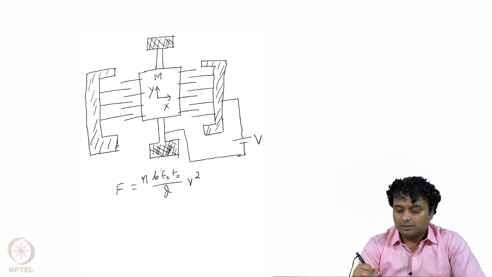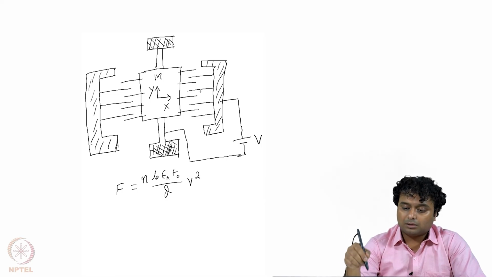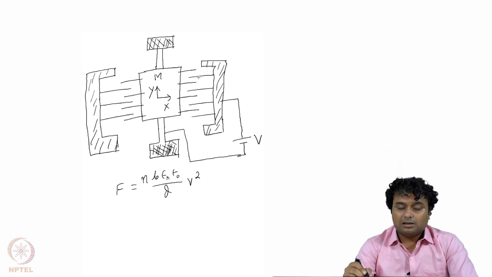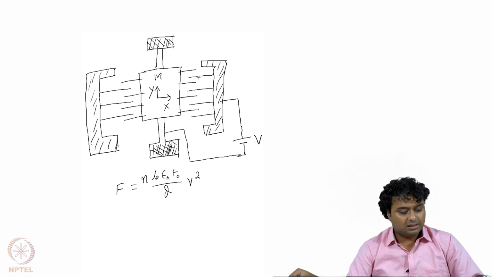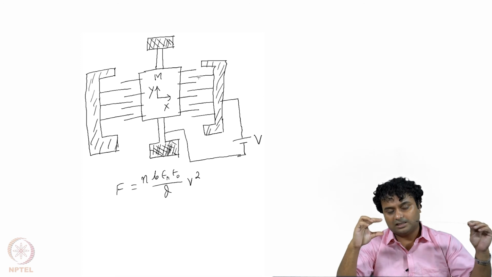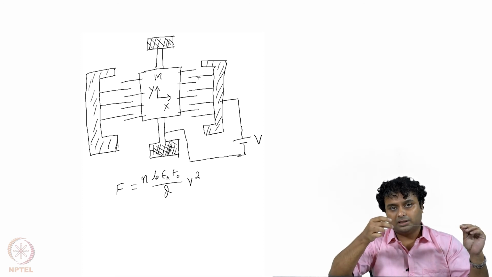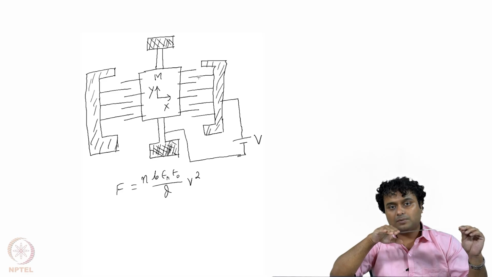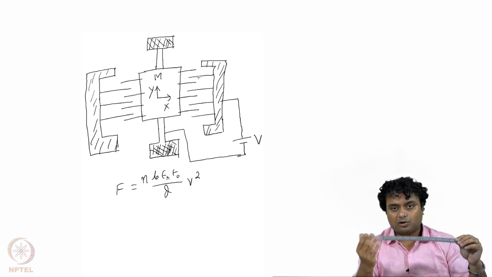Important thing is this b is the width of each comb, means it is out of the plane, like in the paper, out of the plane displacement. Here this b is the width of the beam, means if this is the comb, and if this is moving in between the other two combs like this, then this b is this width, right, which is perpendicular to the plane of the paper, because I am drawing it like this.